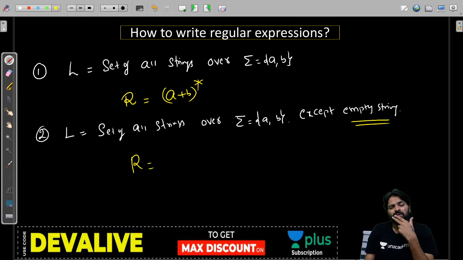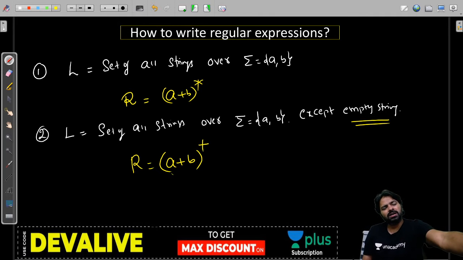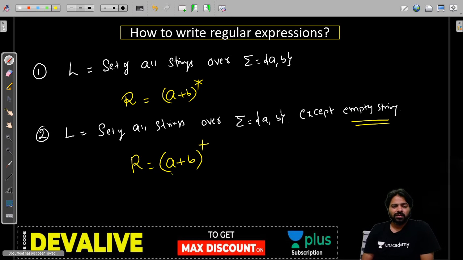What is R equal to? Almost a plus b whole star, but then delete epsilon. It's going to be a plus b whole plus. Everyone, this is not going to be very difficult. We are going to write very, very easy expressions one by one.